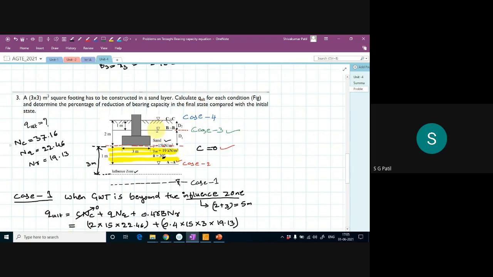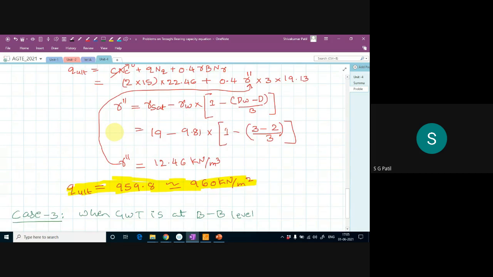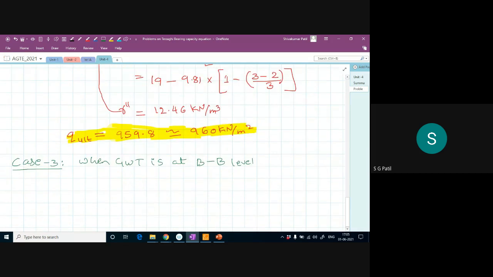If the water table is here, what is the case number? This is your second case. That means if the water table is fluctuating between the footing level and the ground surface, in this range, that is my second case. Okay, so let us solve the problem here.